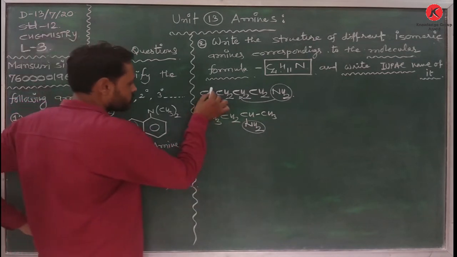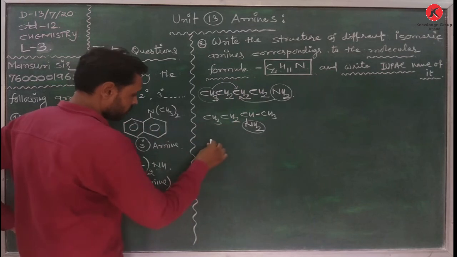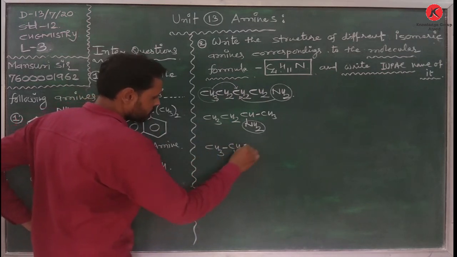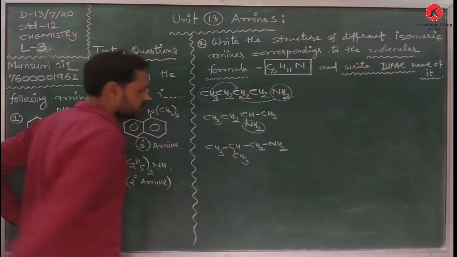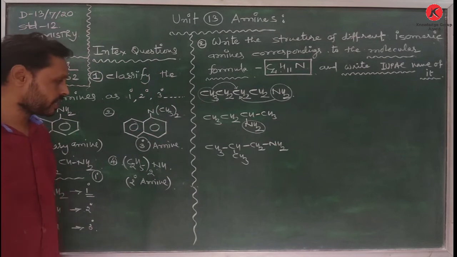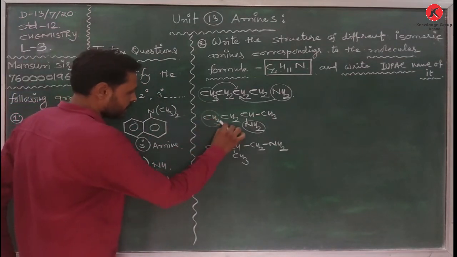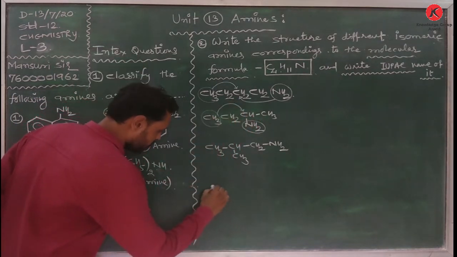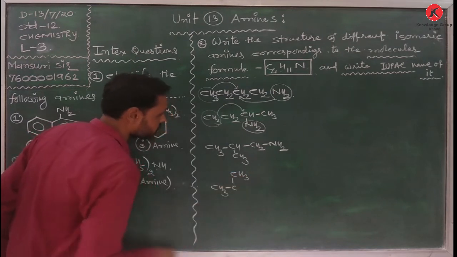Now the carbon chain should be branched. So we can use CH3CH(CH3)CH2NH2. This is also a primary amine. And now what will we do? This methyl is on this carbon, so we can put the methyl group on the tertiary carbon.